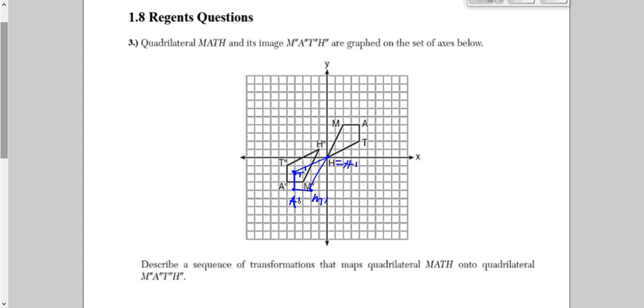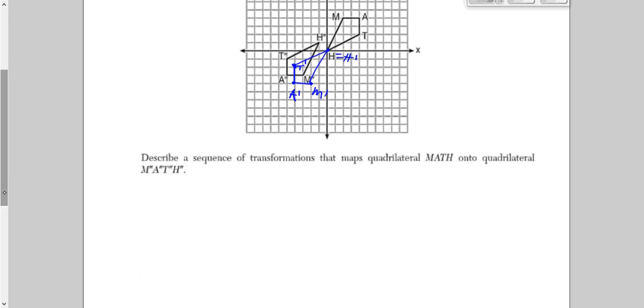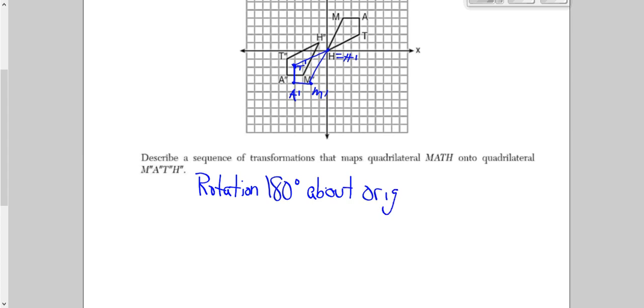Left 1, up 1. Left one, up one, right? Okay, so the two things. So we're going to say it's a rotation of how many degrees? 180 degrees. Does 180 matter clockwise, counterclockwise? No. But we have to say about what? About the origin. I got to have that. Then what?